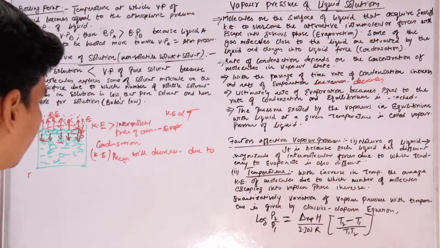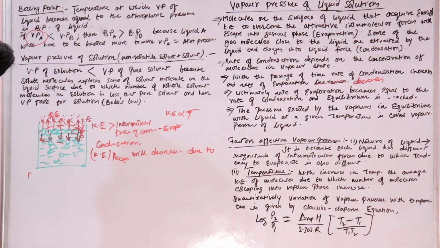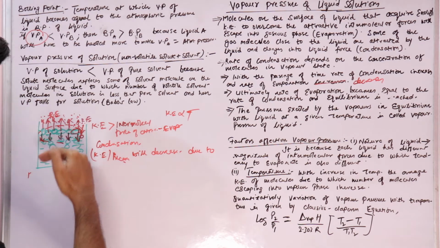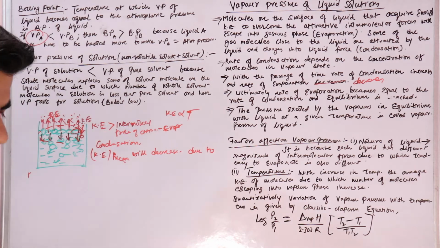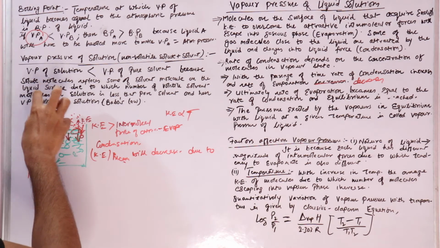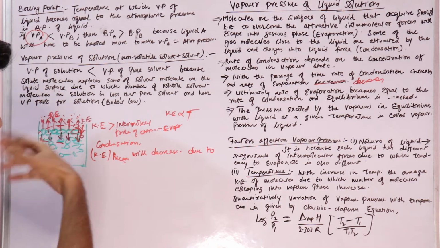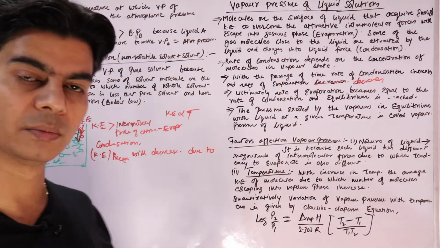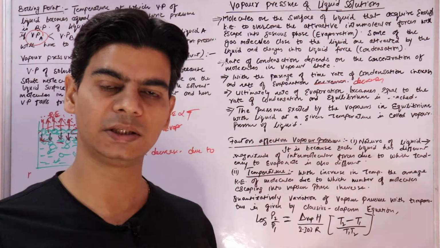Slowly these liquid molecules that are at the surface will leave the liquid surface and enter into gaseous form. So vapors will start increasing at the surface. That is, the concentration of vapors above the liquid will start increasing.